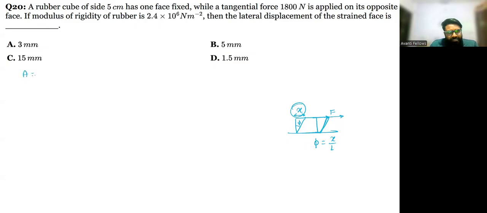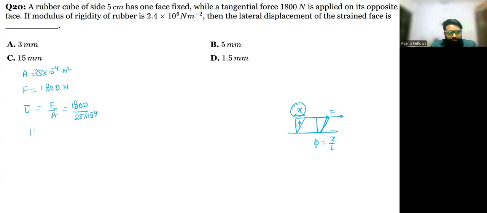The area of cross section is nothing but 5 into 5, which is 25 into 10 raised to the power minus 4 meter square, because it is given in centimeter. Force is 1800 Newton. So we can say that tau here, which is the shear stress, is only going to develop this kind of strain in it, which is force tangential upon area, 1800 upon 25 into 10 raised to the power minus 4.